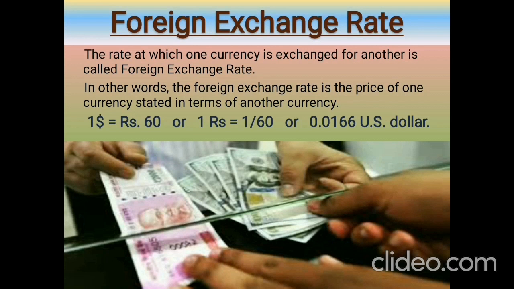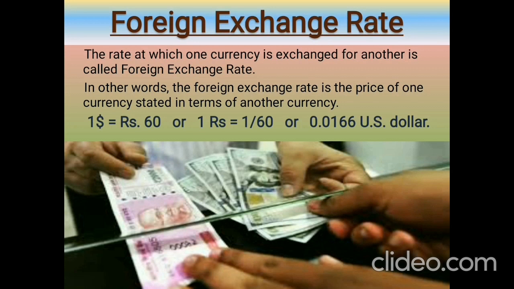So we require the USA currency, which is the dollar, or we have to exchange our currency to get US dollars.